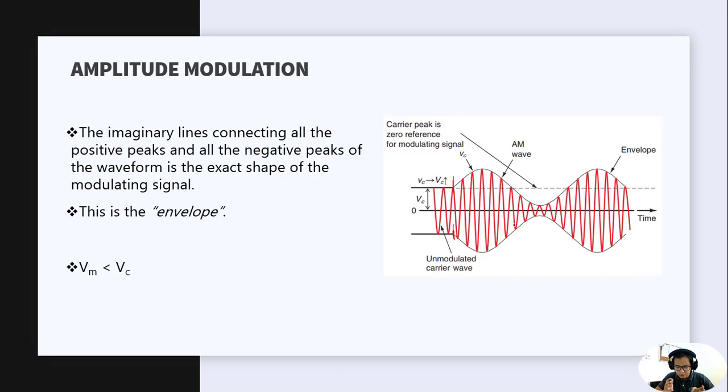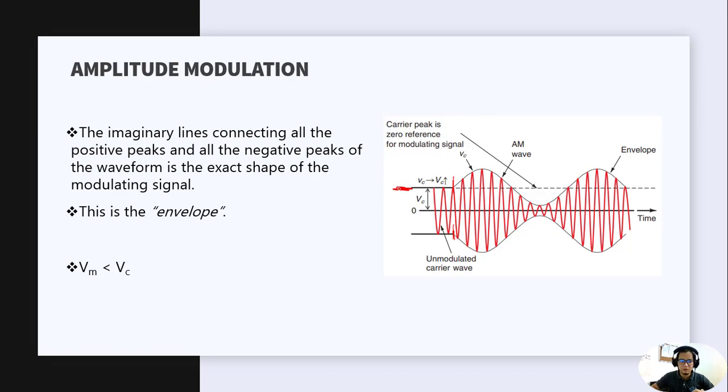From our definition kanina, modulating frequency modifies the amplitude of our carrier. Ito yung ating carrier. Ayan. Pagdating dito, nung ininjectan siya ng modulating signal, napapansin nyo yung amplitude ng ating carrier. Nagbavari na siya, di ba? Hindi na siya ito. Hindi na ito yung amplitude niya.